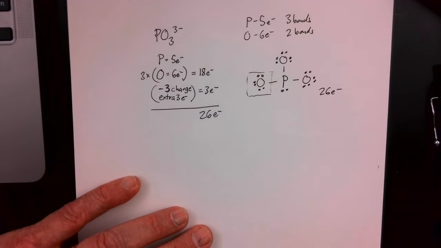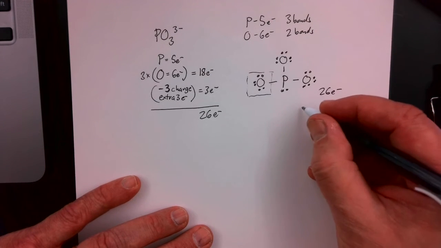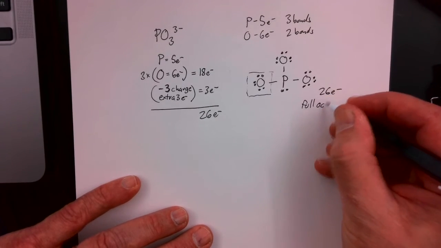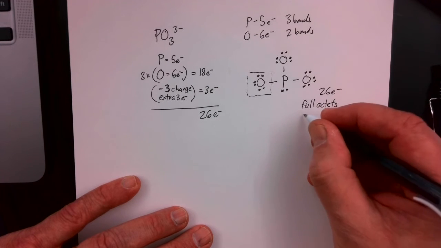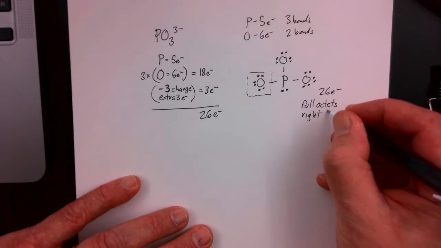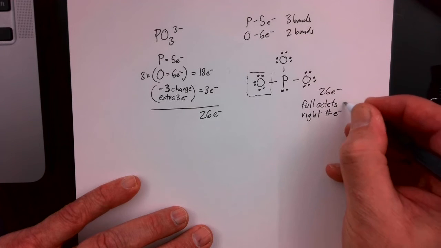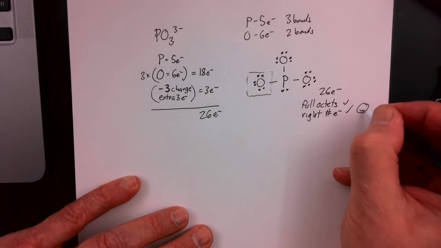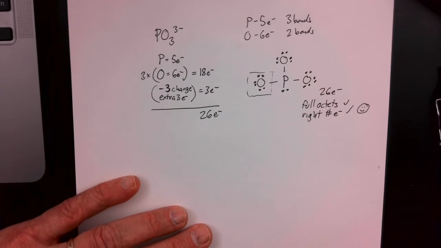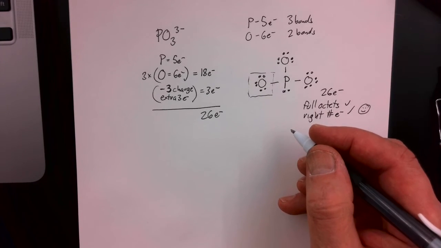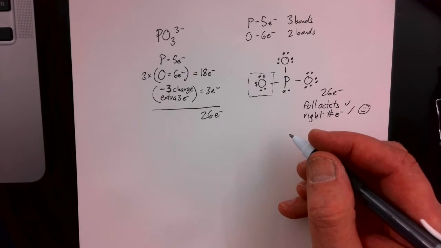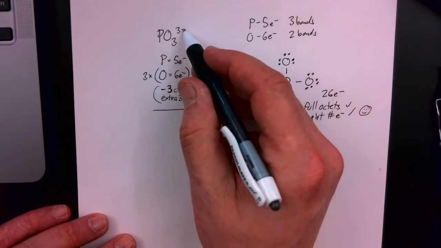And so this looks great. We have the right number of electrons. We have full octets, and so we are done. Full octets, right number of electrons. Check, check. So yay. All we have to do is draw this properly. And you might say, oh, but I thought we did. But you were not remembering that it's an ion.